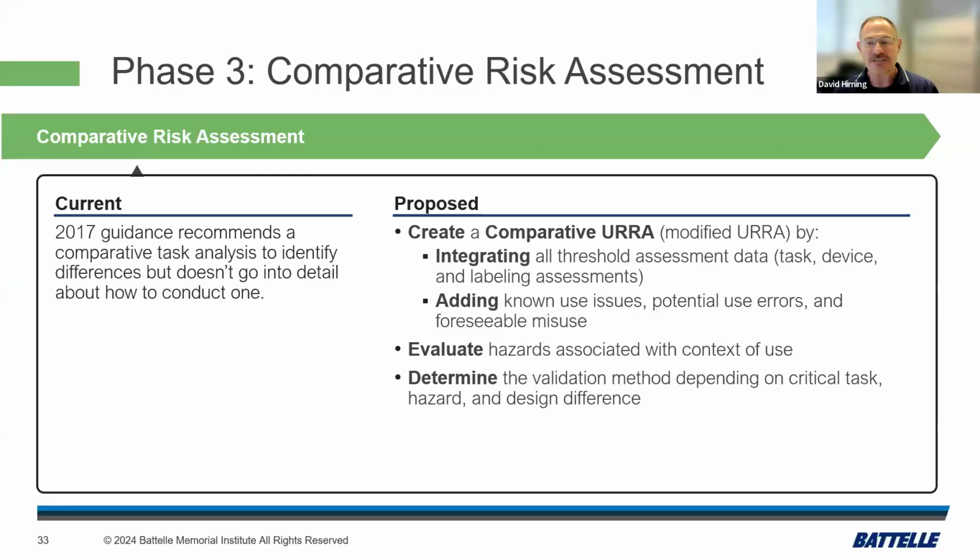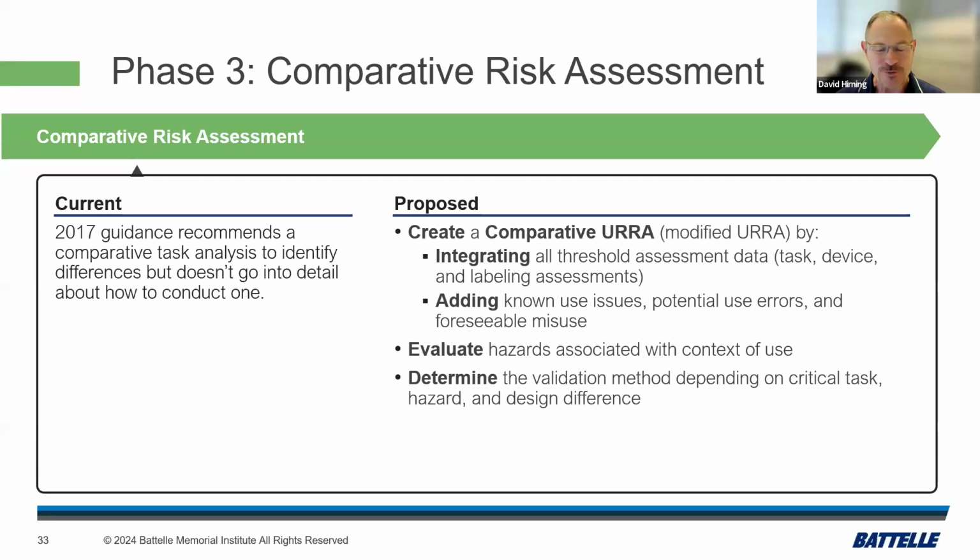All design differences are actually evaluated in the comparative risk assessment for their effect on the user interface and on subsequent clinical effect and/or safety profile. Remember the reason we use the word comparative.